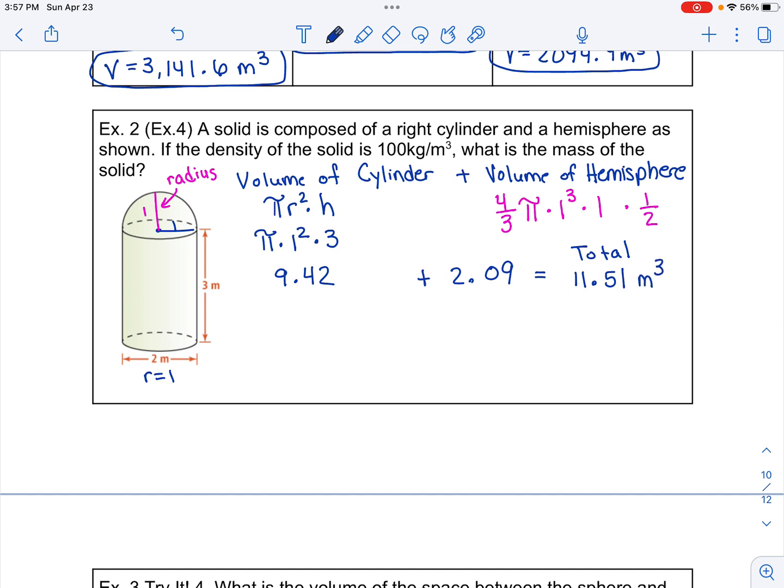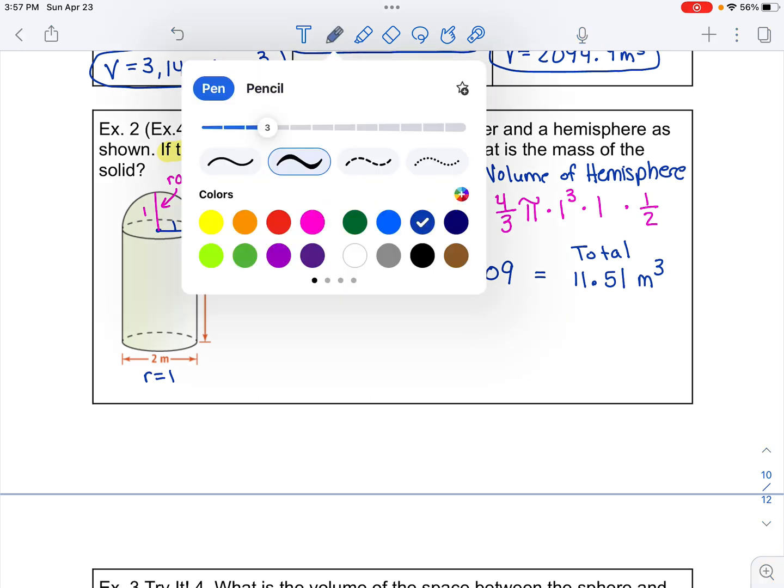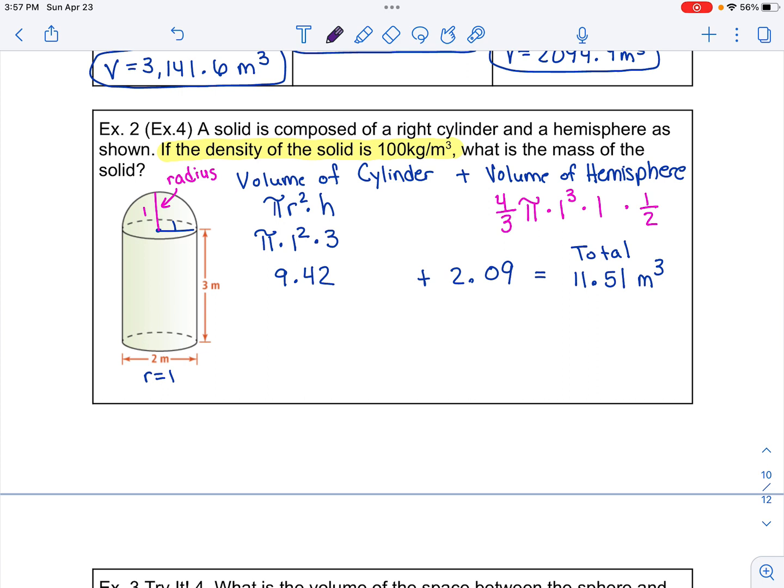We found the volume. If I go back up to the directions here, it says the density is 100 kilograms per meters cubed. So I'm going to take my answer and times it by 11.51 times 100.